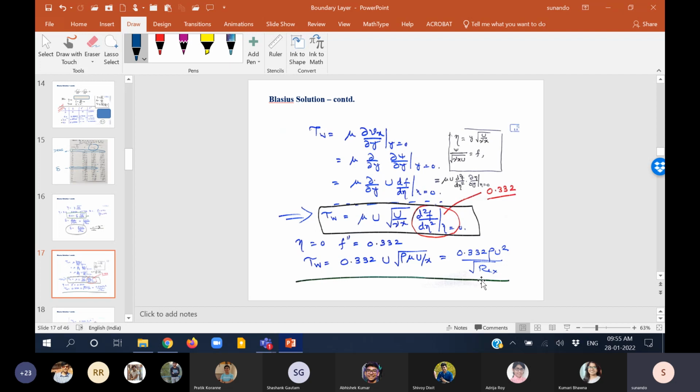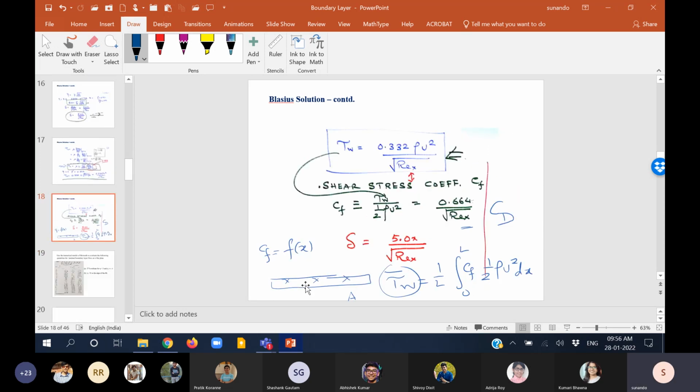Some other parameter is commonly used, and you have used that in fluid mechanics. So what is that? It's not tau w, but a quantity which is related to tau w. When a fluid flows through a pipe, you do not write tau w. You write something else. Friction coefficient.